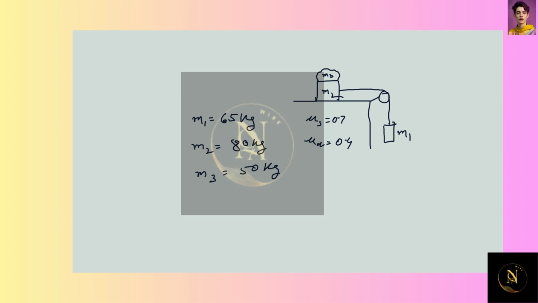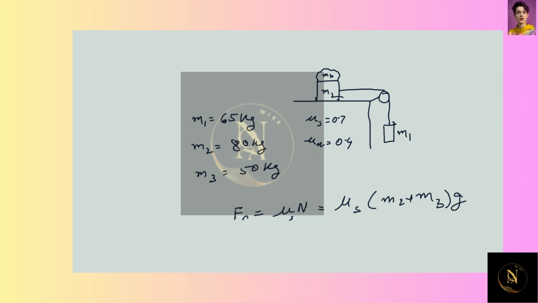So now this is pretty simple. The frictional force Fr will be equal to mu times the normal reaction, and this is mu s because it is stationary. Mu s times the normal reaction will be (M2 plus M3) times g, the total weight.